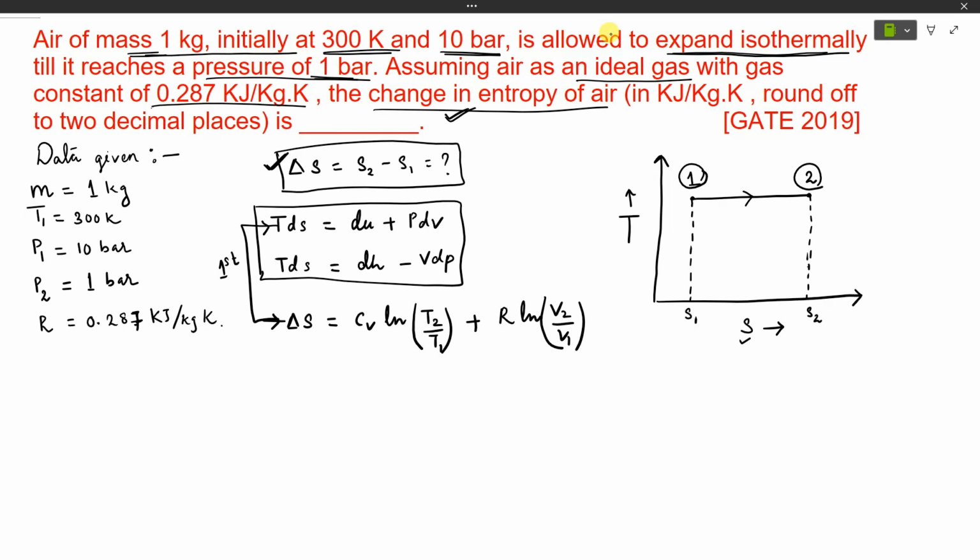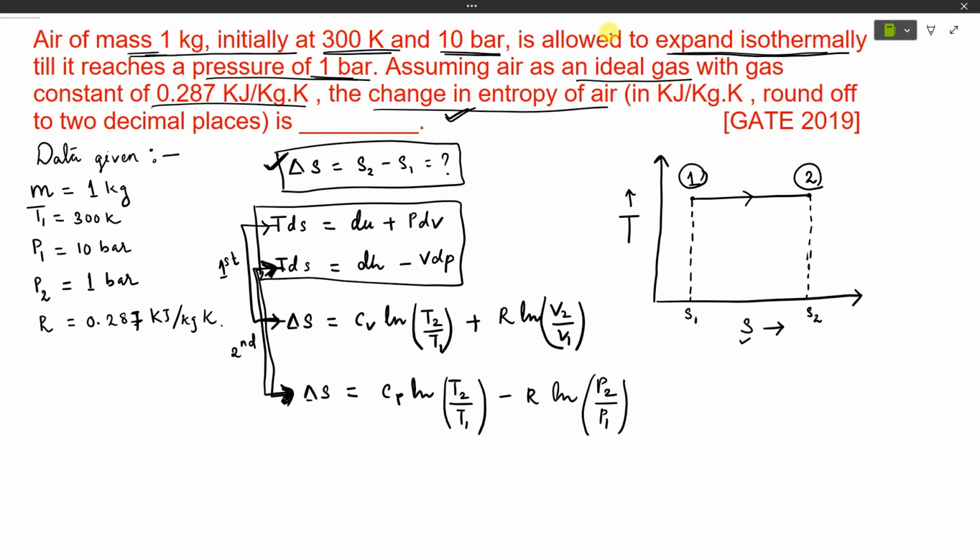Now by using the second TdS relation, we get delta S equal to Cp ln T2 by T1 minus R ln P2 by P1. This is from the second TdS relation.